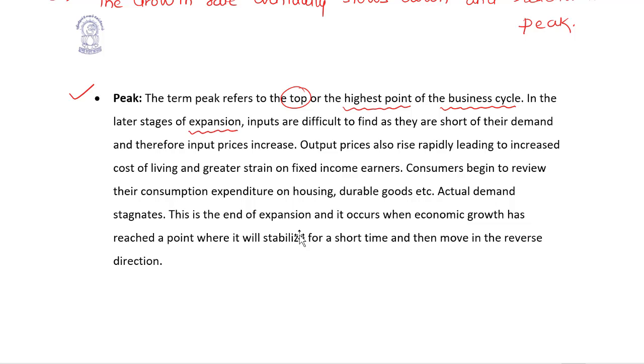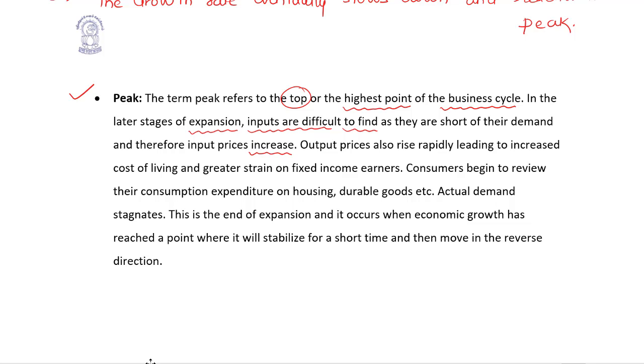In the later stages of expansion, inputs are difficult to find as they are short of their demand, and therefore input prices rise. As you all know, as per the law of supply, if some product is in shortage, the price is going to rise.